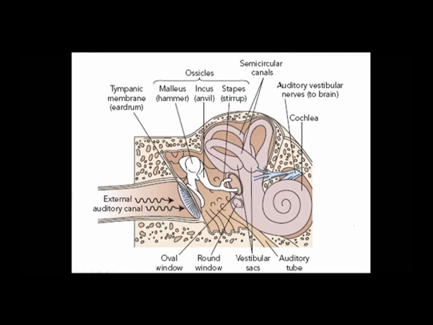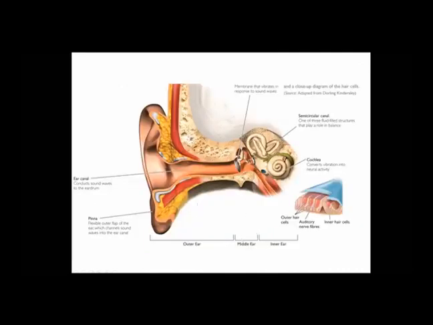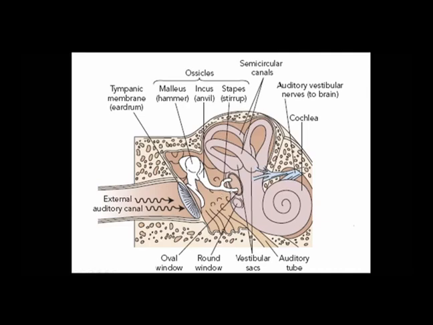So they're three very, very teeny tiny bones that allow sound waves to travel from this membrane to this membrane. And so this inner section here is going to be our middle ear, with the bones going between those two membranes. Now this circle here that the stapes is attached to, that's our oval window. That's the second membrane. And that's where we transition from our middle ear to our inner ear.